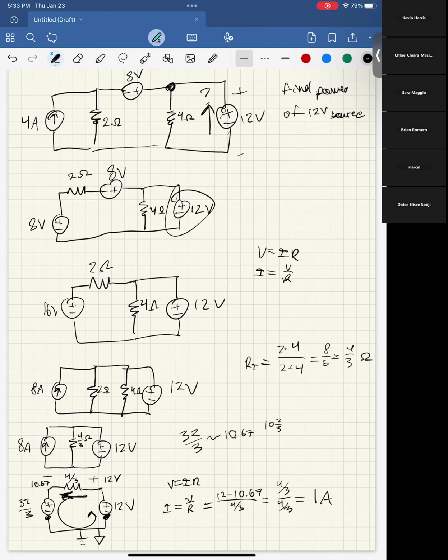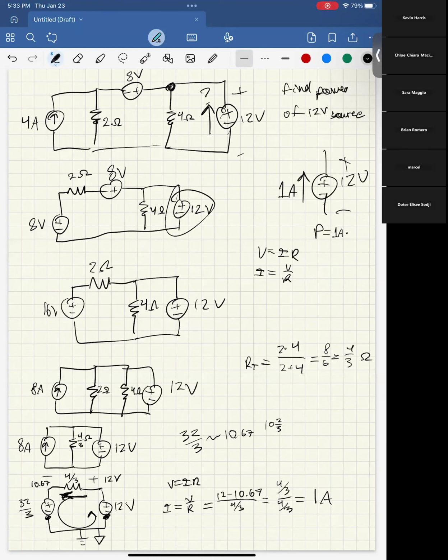And then last but not least, now we need the power. Let's go back up here, zoom in on this 12 volt source. We have 12 volts, positive minus, and going up we have 1 amp. Then our power is equal to 1 amp times, and is this going to be positive or negative?